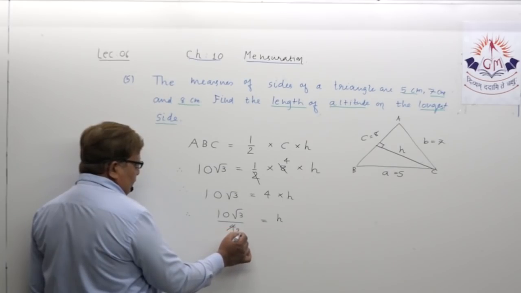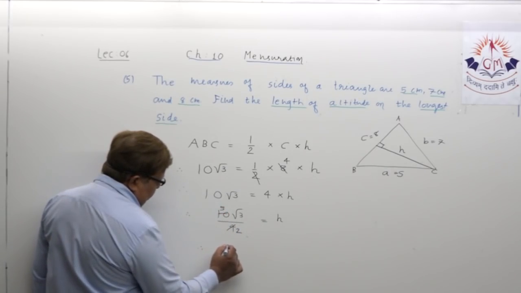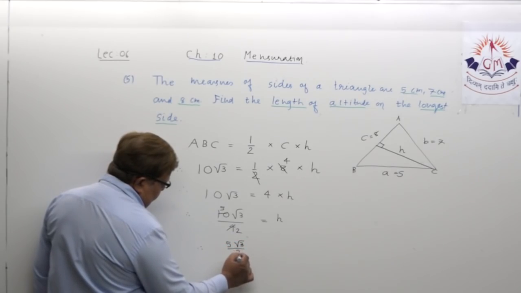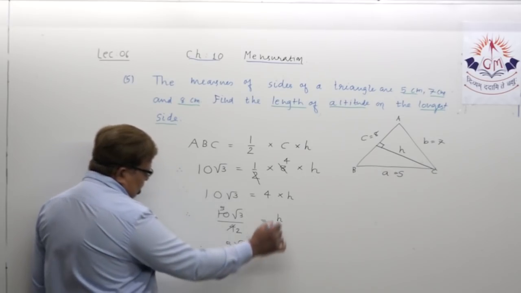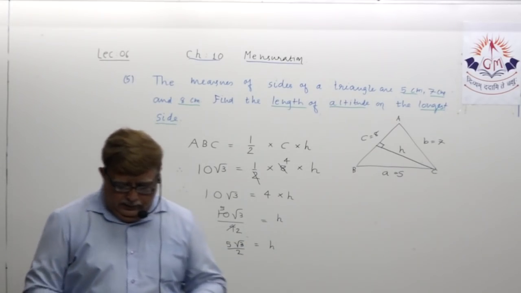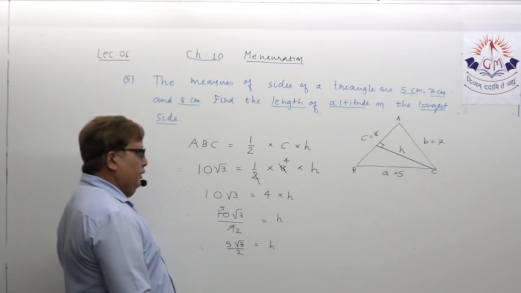Just cancel 2 2 ja, 2 5 ja. Your final answer is root 3 upon 2 equal to h. This is the length of the altitude you got. Understood?